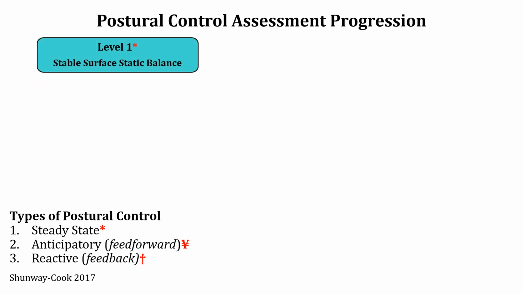Okay, so what does this actually look like in clinical practice? So we have our different types of postural control that we've talked about. I've used this symbolization for each respectively. And I use a 5-level system going from progressively easier to progressively more difficult assessments. Level 1 is going to be our stable surface static balance.